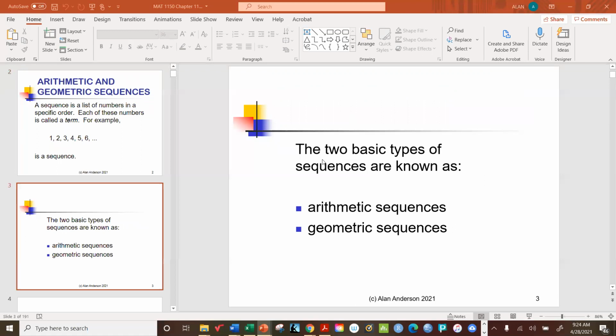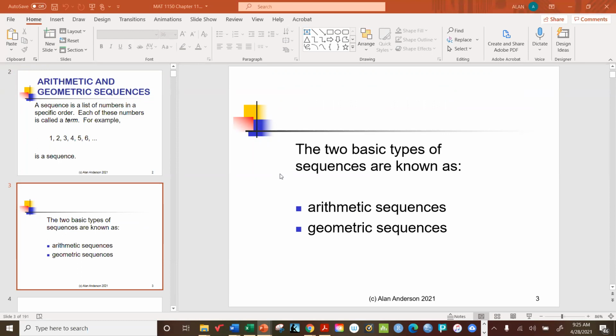It turns out there are two basic types of sequences that we want to consider here, the so-called arithmetic sequences and the geometric sequences. The arithmetic ones are a little bit simpler, and you'll see that they have certain useful applications, as do geometric sequences.